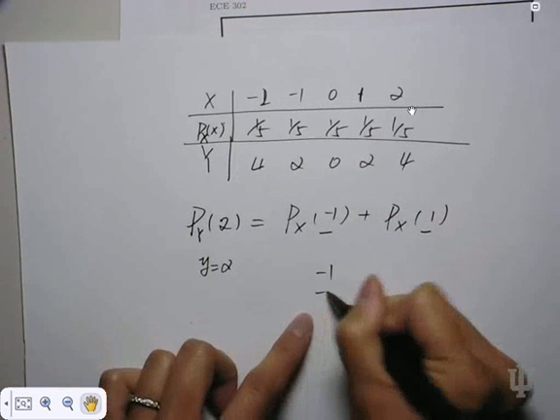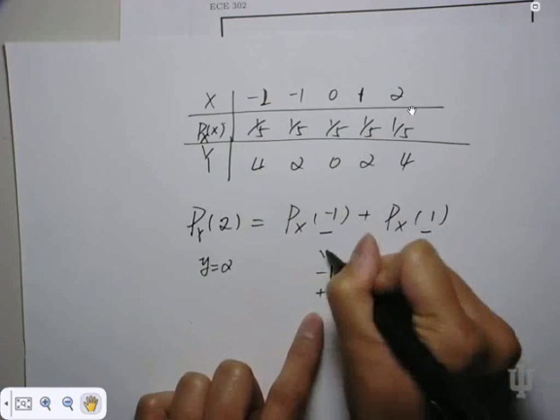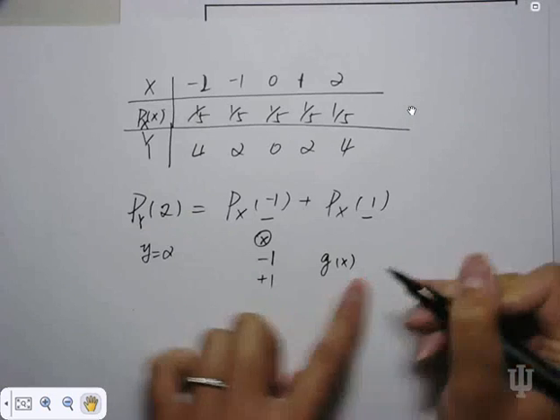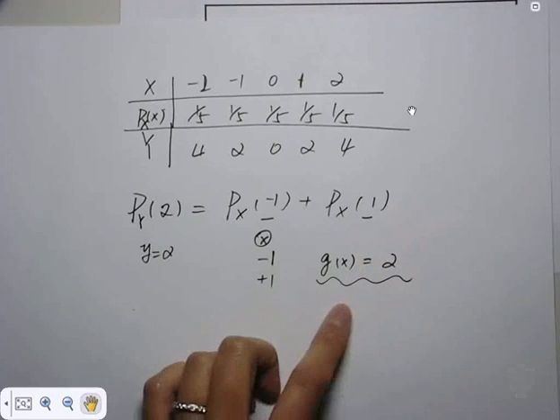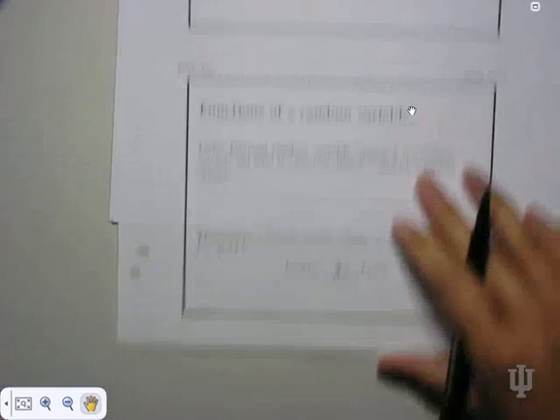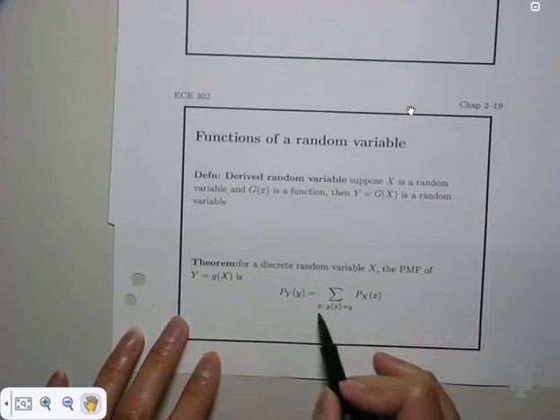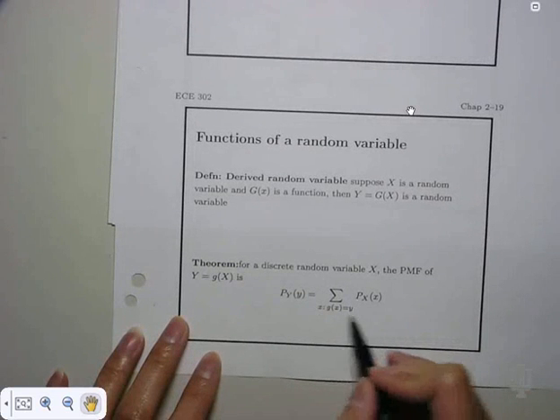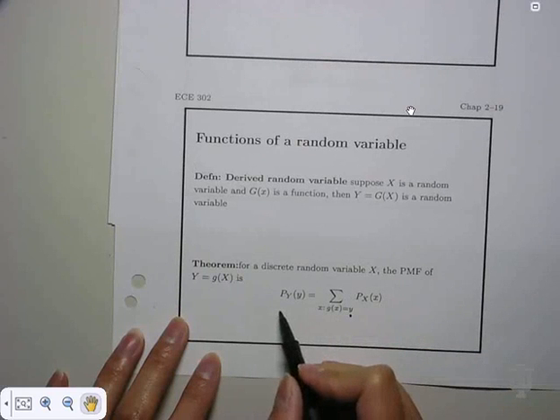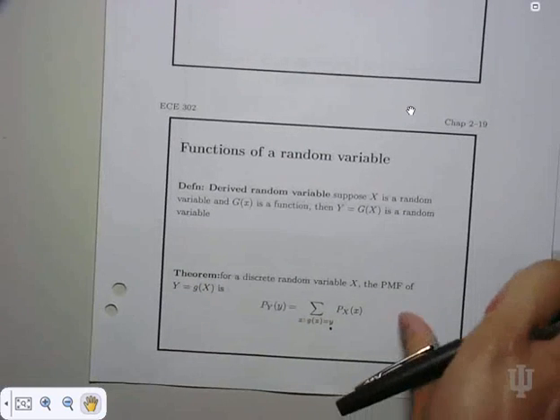Because positive and negative 1 are the little x which satisfy this, right? So if you write like this, you just find all the little x which can generate your little y and sum up. That's a way to find the probability mass function of your derived random variable, right?